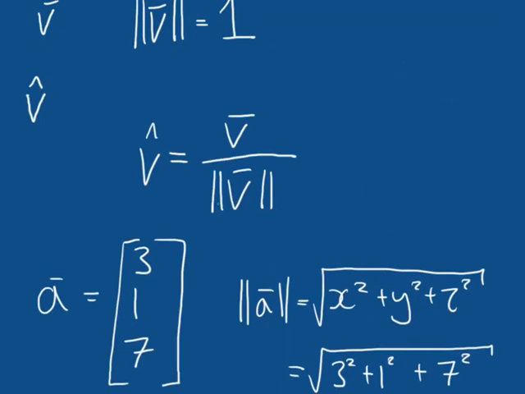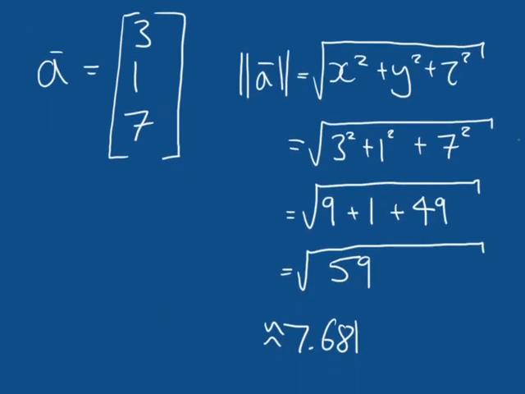Now we said to normalize a vector, we divide it by the magnitude of that vector, by the length of the vector. What this meant in our 2D case is that we take each component of our vector and divide that component by the length of our vector. It's the exact same thing here with the 3D case.